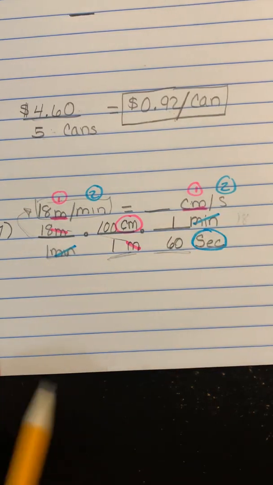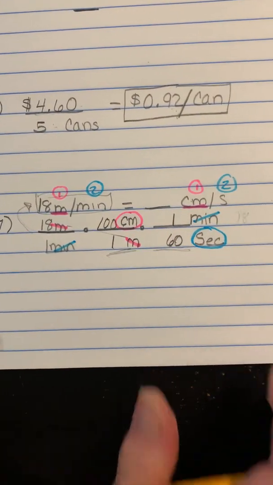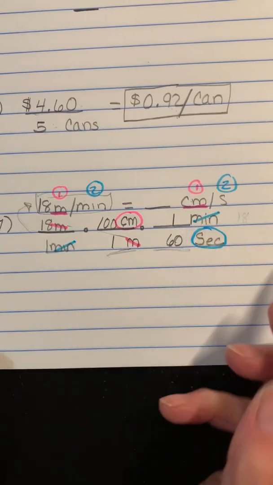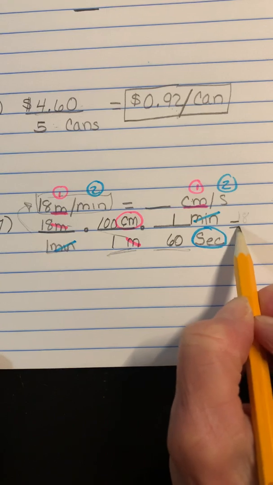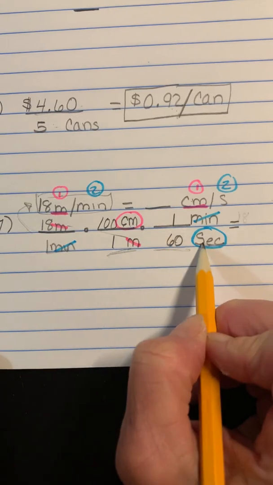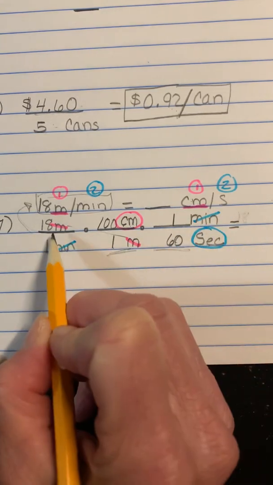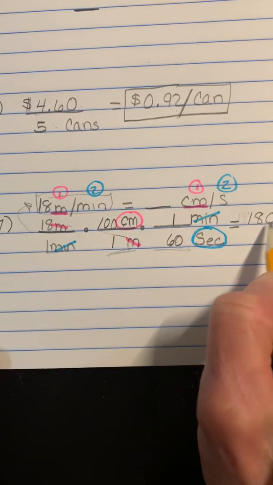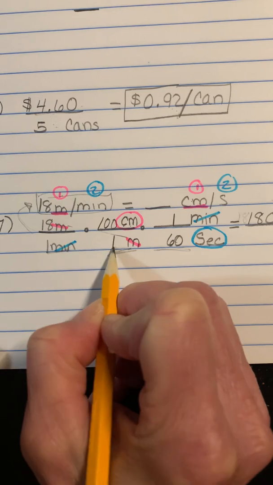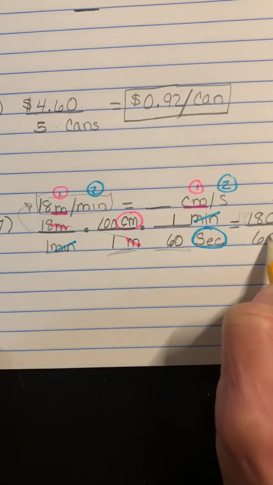I can only cancel them when they're in their different positions, which they are, denominator, numerator. Now, all I have to do is my multiplication, because I'm left with centimeters and seconds, which is what I want. And I'm going to go 18 times 100 is 1800 divided by 1 times 1 times 60, like that.